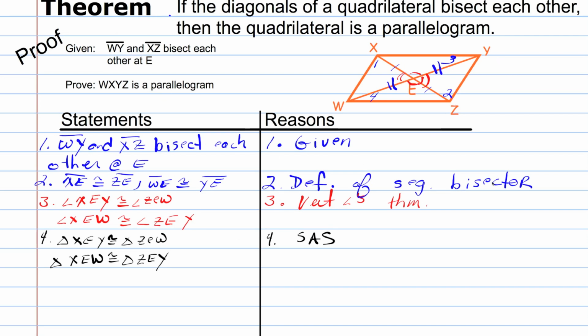Now that we have that established, we can now establish that angle 1 is congruent to angle 2, because angle 1 corresponds to angle 2 in the left and the right triangle. So we'll be able to say that angle 1 is congruent to angle 2, and for the same reasons, angle 4 is congruent to angle 3.